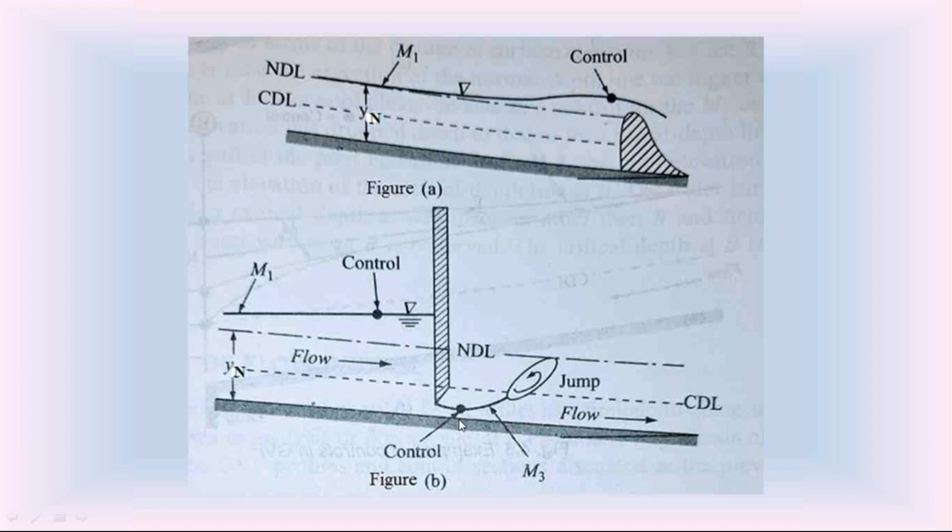By knowing this depth of flow here, I can calculate the discharge coming from the bottom of the sluice gate. We have the equation to find the discharge of flow coming from the bottom of the sluice gate by knowing the depth of flow at the vena contracta. So we consider this location as the control section in this water surface profile.